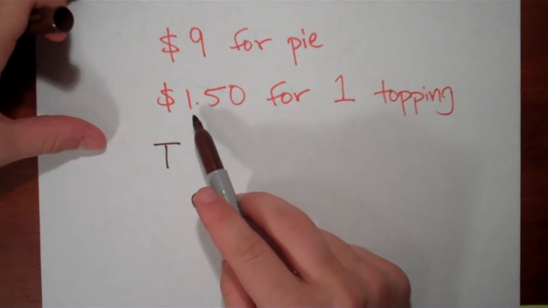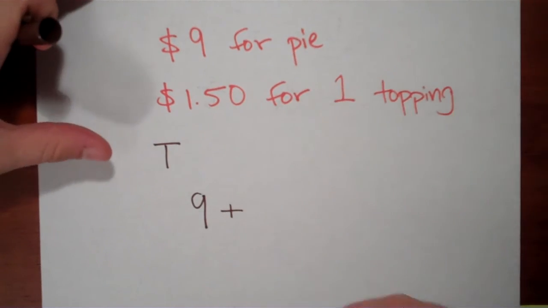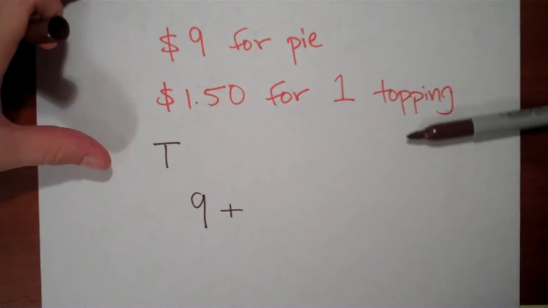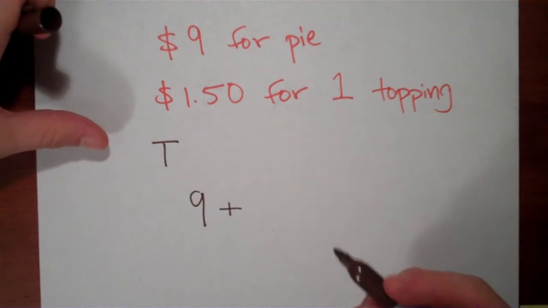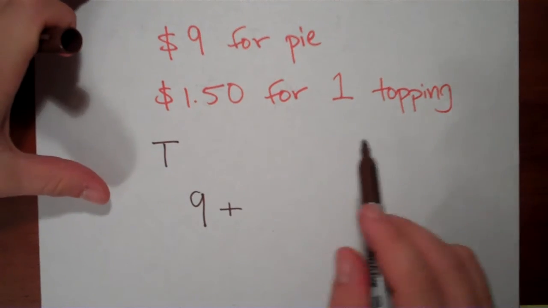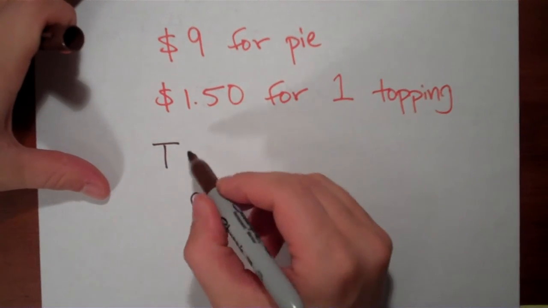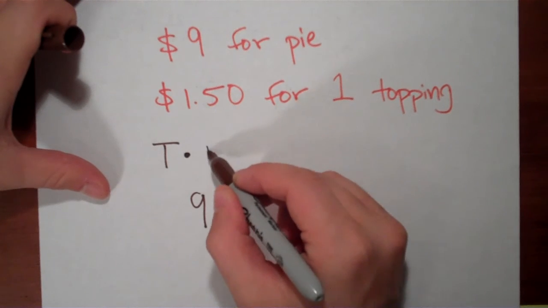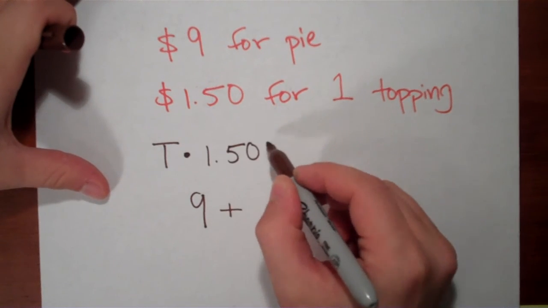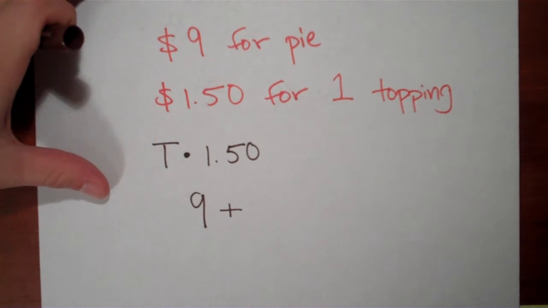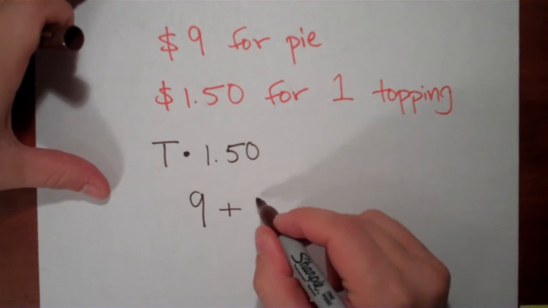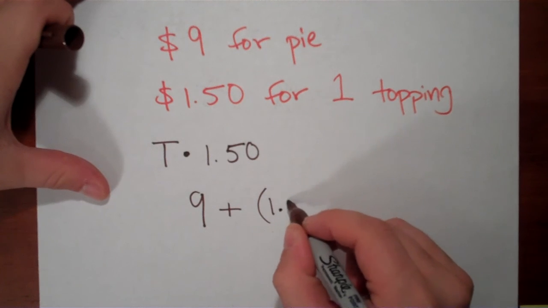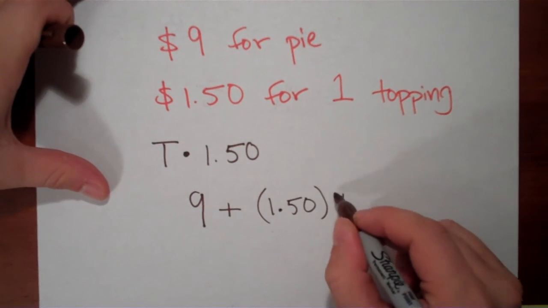So one topping is $1.50, then two toppings would be $3. 3 toppings would be $4.50. 5 toppings would be $6. So in other words, if T is our number of toppings, to get our cost for that, all we have to do is multiply T times $1.50. So our expression would be 9 plus $1.50 times T.